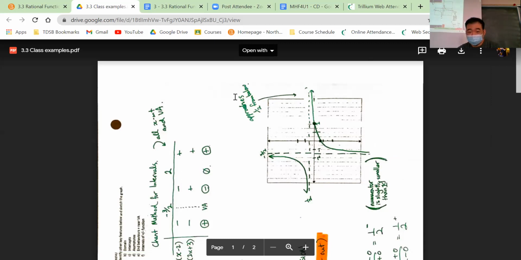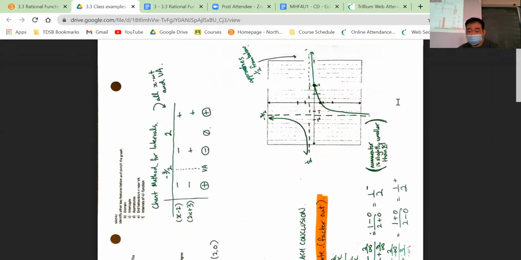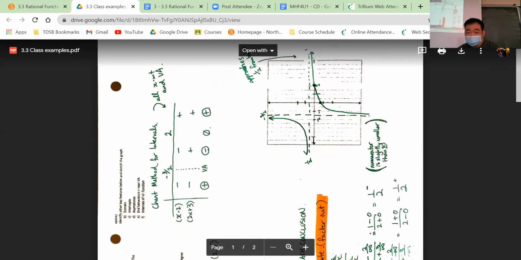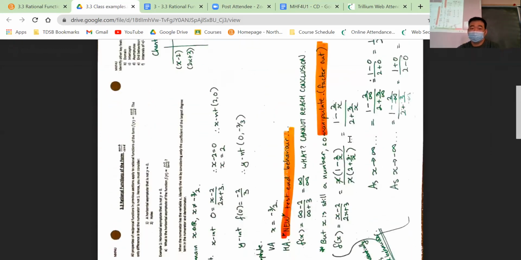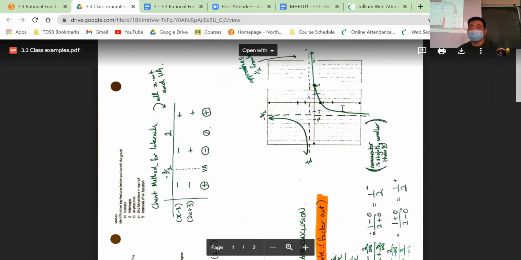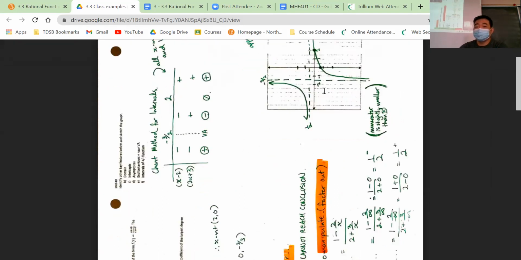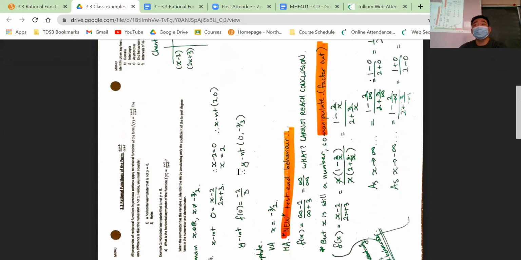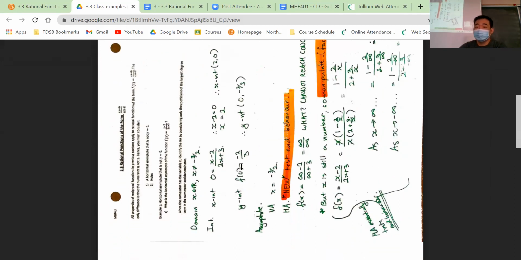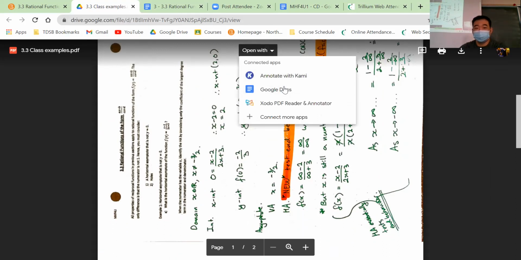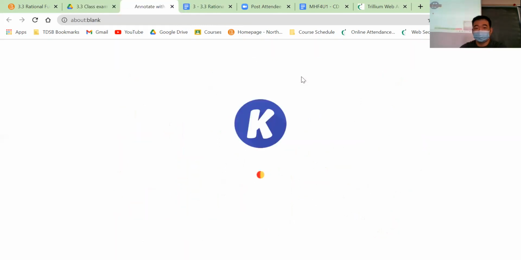Let me see if I could rotate this. Is there a way to rotate? No. It looks like this. The graph looks like this. And I think it makes sense for me to do it with you anyways, because if you were diligent with your homework, you will see that, you know what, let me open this.